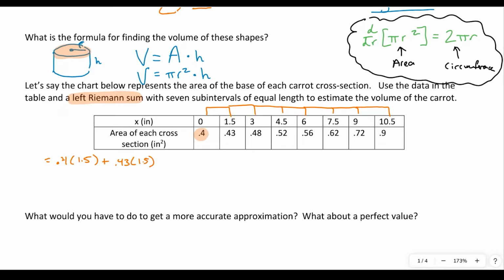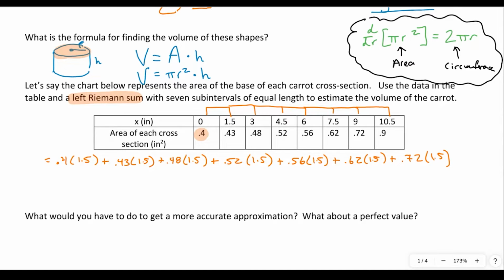And we only have 7 intervals here. We're not going to include the 0.9, right? Because we're going to use these 7. We're going to use the left partition to determine the area. So plus 0.48 times 1.5 plus 0.52 plus 0.56 plus 0.62 plus 0.72. All these times 1.5.